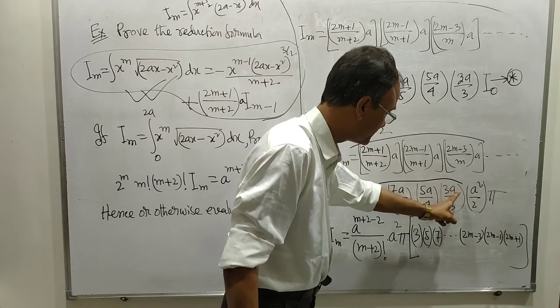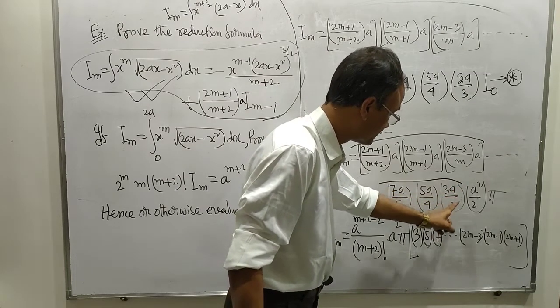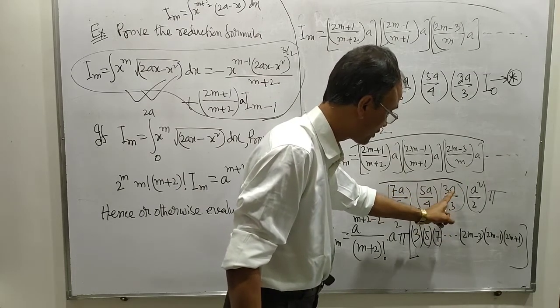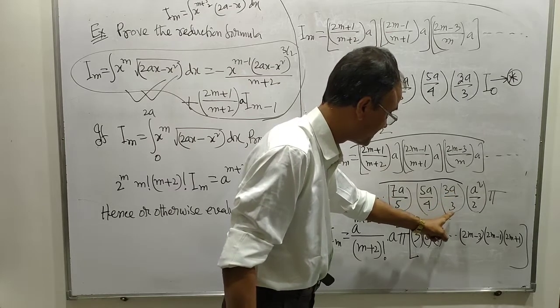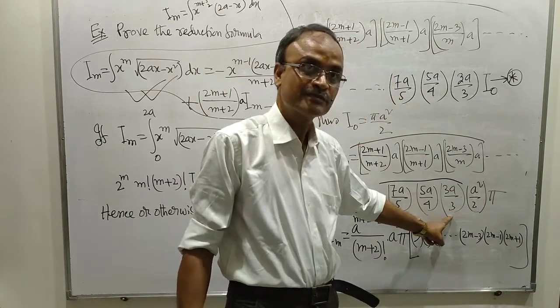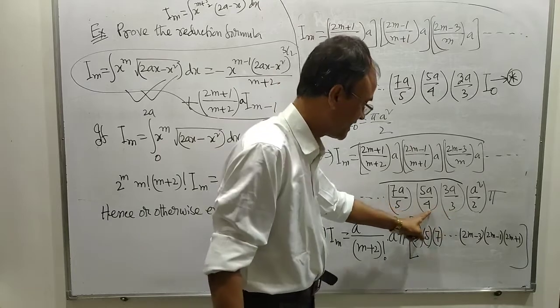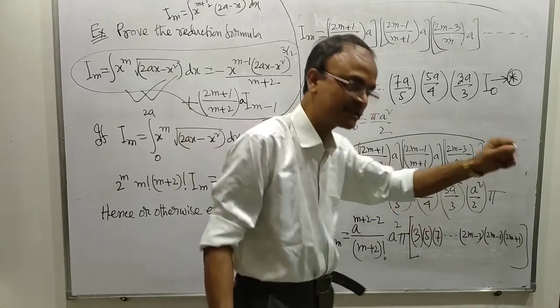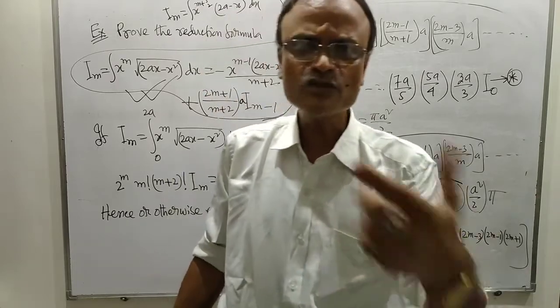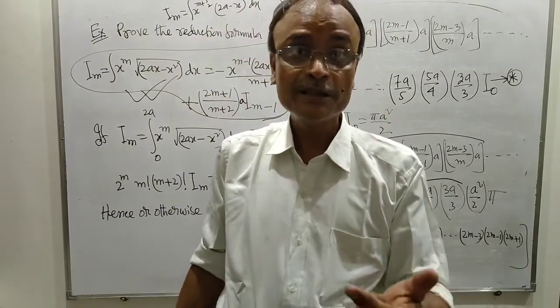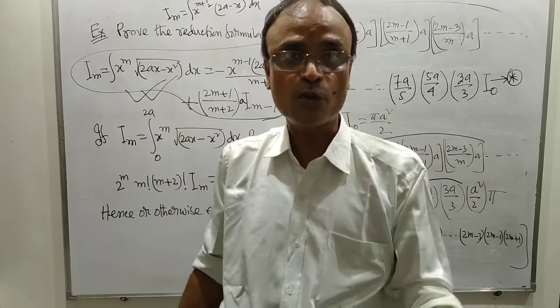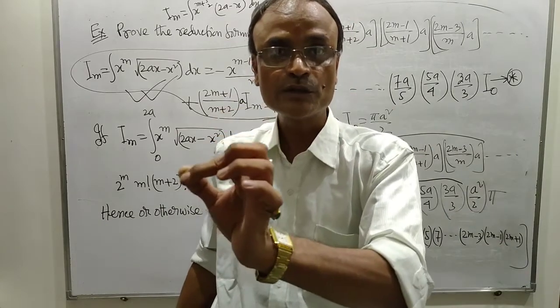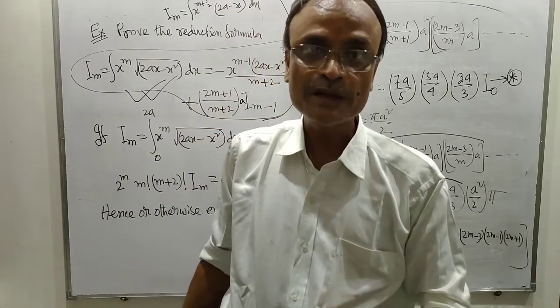Counting from this, you see 3. In the denominator, for every a, there is a denominator. The first is 3, then 4, 5, 6, up to m plus 2. How many a's are there? m plus 2 minus 2. If it starts from 1, 2, 3, 4 up to m plus 2, then number of terms will be m plus 2.